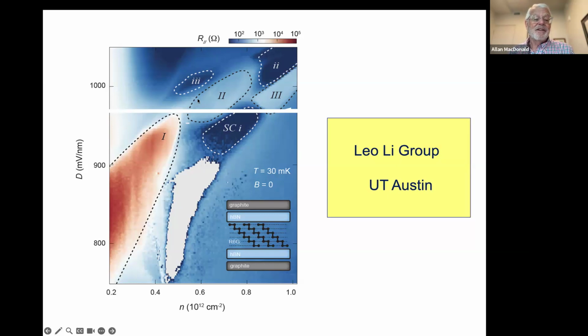And in particular, the most interesting thing, perhaps, are these superconducting phases. All of this part of the phase diagram is in a range of displacement field and density where the system is a completely polarized magnet. All its spin and valley states are polarized, so it's a quarter metal phase, and you see these chiral superconducting states.